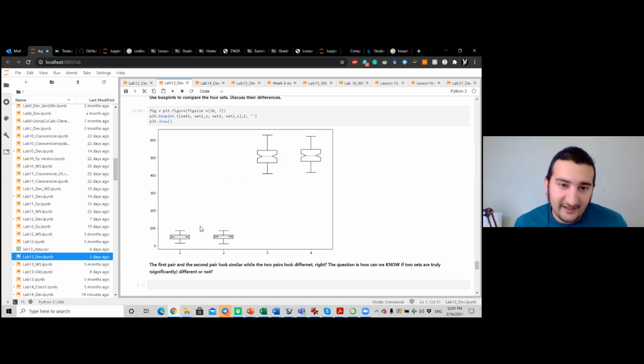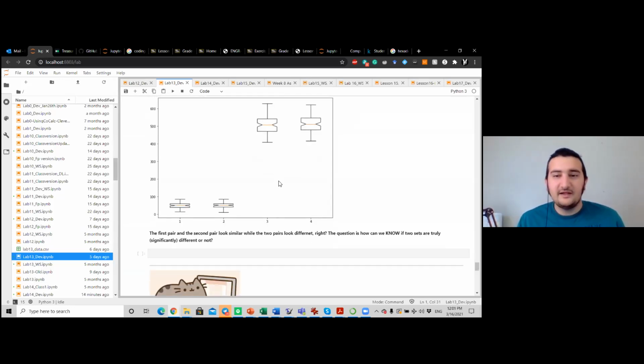Looking at set 1 and set 1s, we said they kind of look similar. Set 2 and set 2s, they kind of look similar, but definitely this couple is very different from this couple. That's where we left things last time.